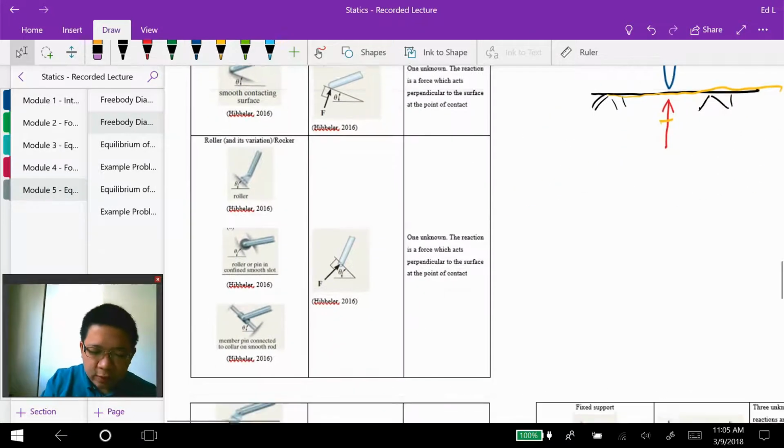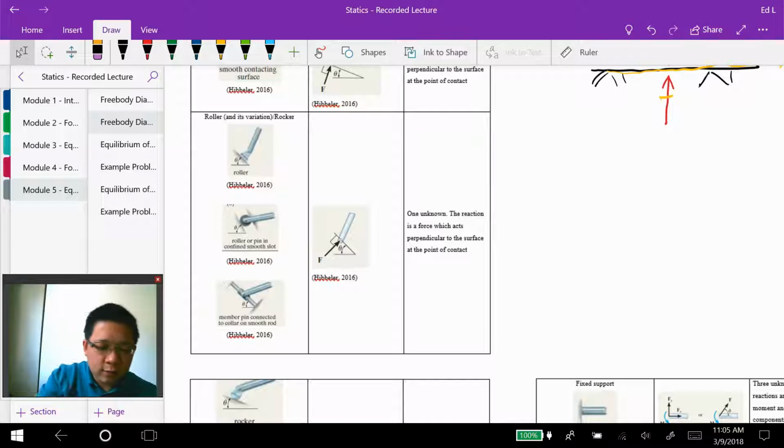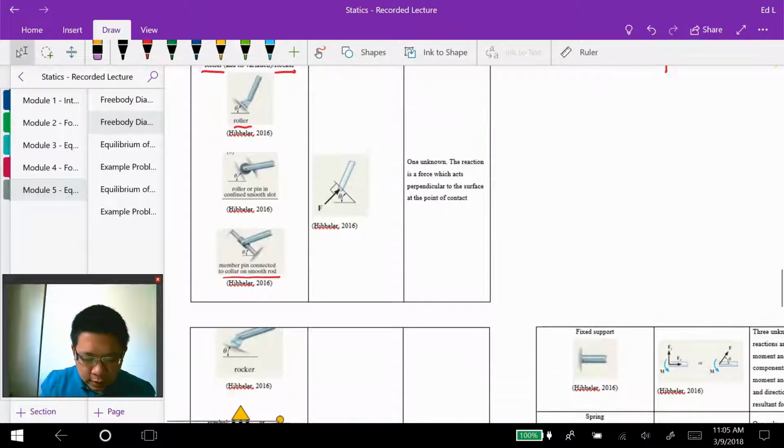The second type of support is what we call a roller and rocker, and there are many variations of this type of support. In the textbook we can call it a roller, a roller or pin in a confined smooth slot, a member pin connected to a collar on a smooth rod, or a rocker.